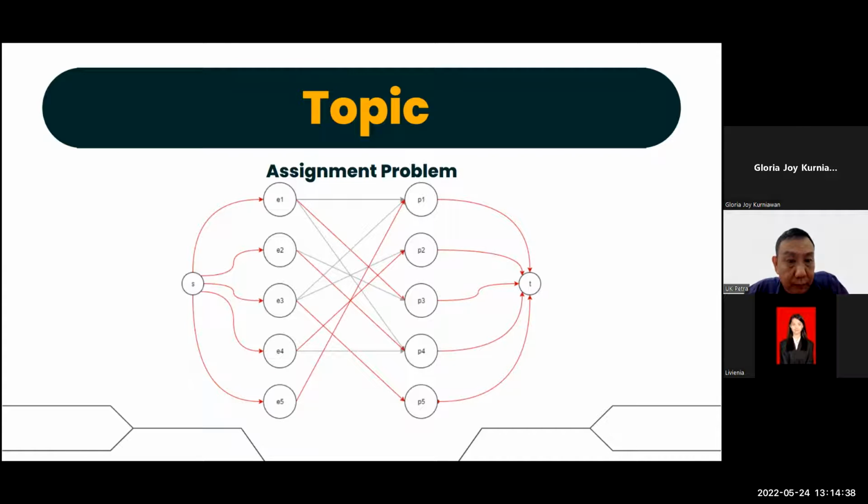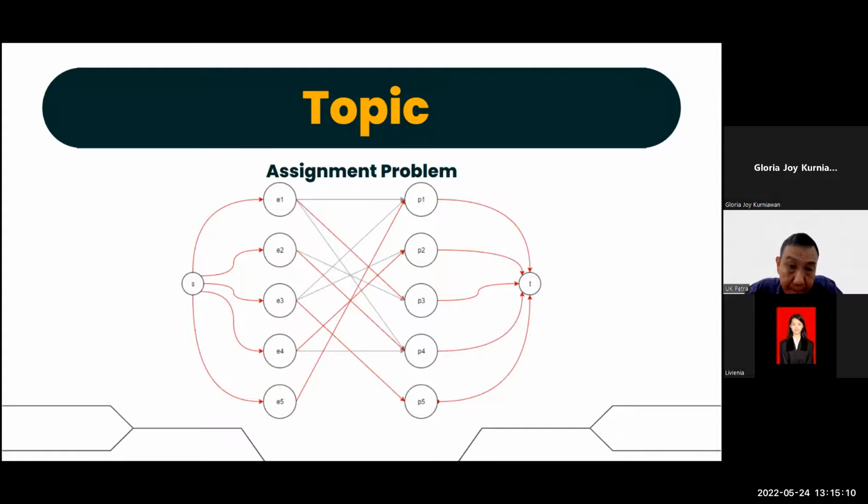So for example, the S is like the source. Let's say the source is a company, and we have 5 employees, E1 until E5, and then projects, project 1 until project 5.